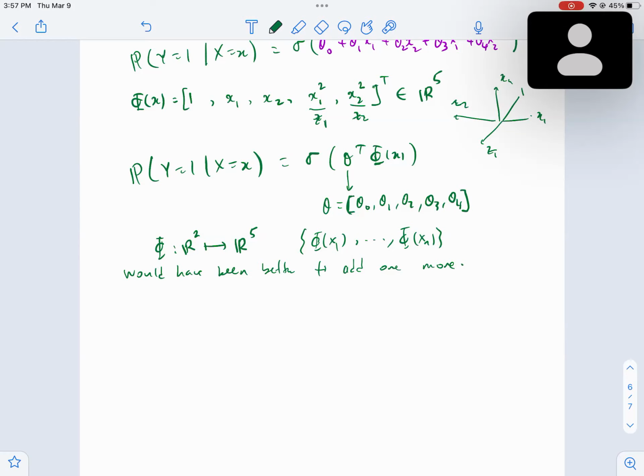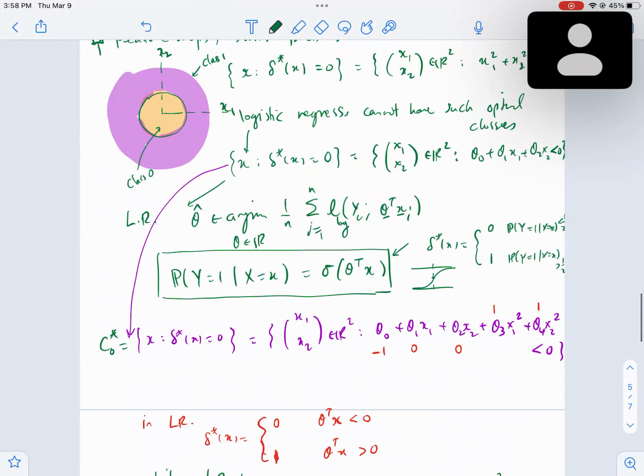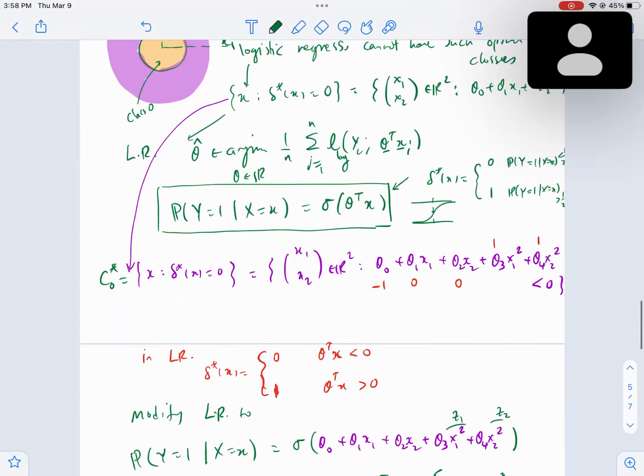There's one missing, which would have been nice to have, to be able to get any polynomial of degree at most 2. This model sort of can model things like this, but slightly better would be to include one more term.